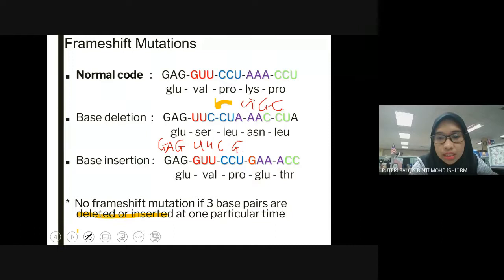So GGG, CUA. So dia tak akan ada frame shift. Sebab apa? Dia masukkan dalam 3 base pair. Okay, dia masukkan dalam multiple of 3. So tak ada masalah dalam frame shift. Mutation still ada tapi tak ada perubahan dari segi frame.